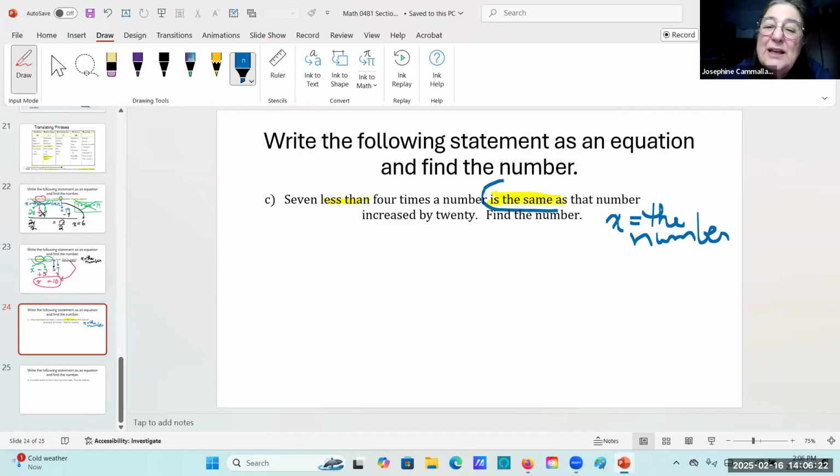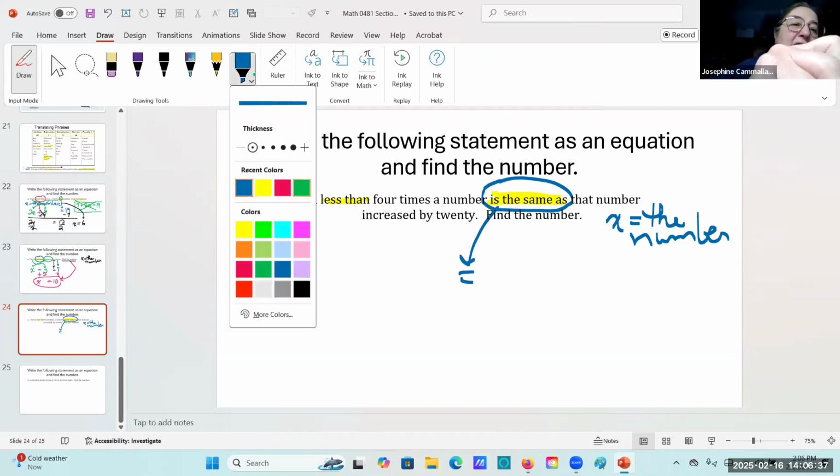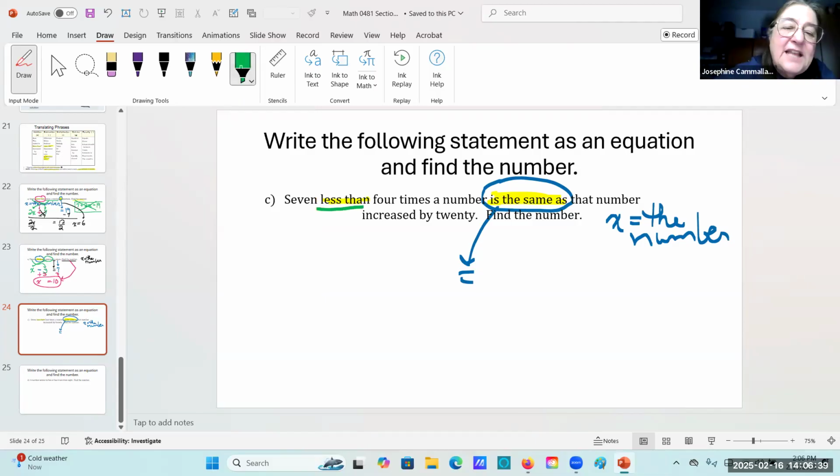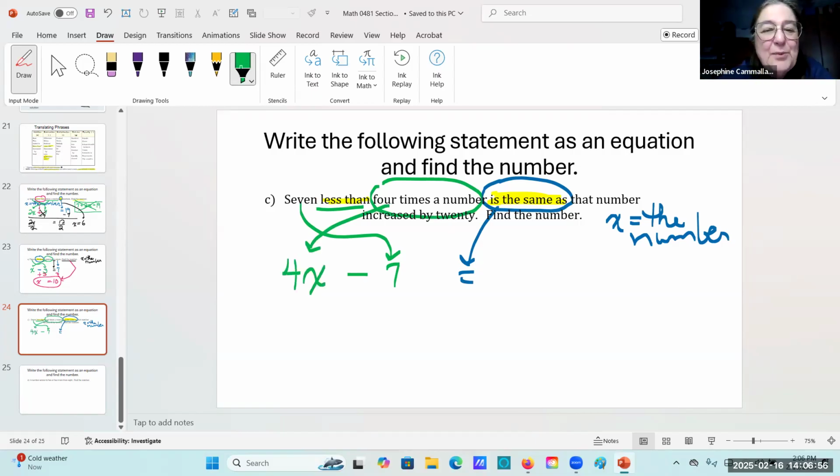Now, right here, "is the same as" is my equal sign. Now, everything before that blue circle has got to be written to the left. Well, "less than" is minus. 7 goes here. 4 times a number is going here.